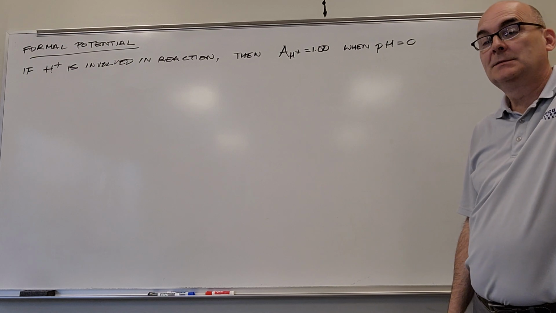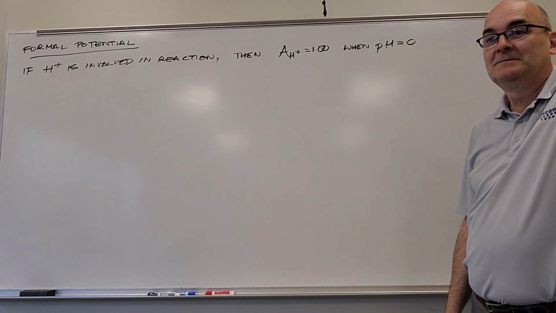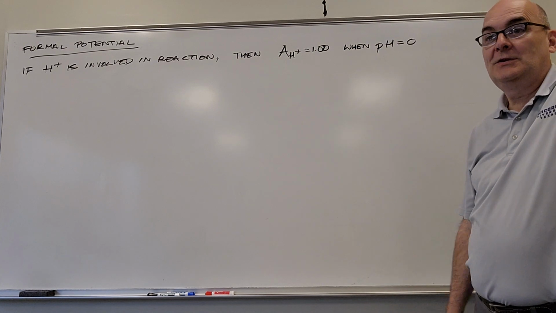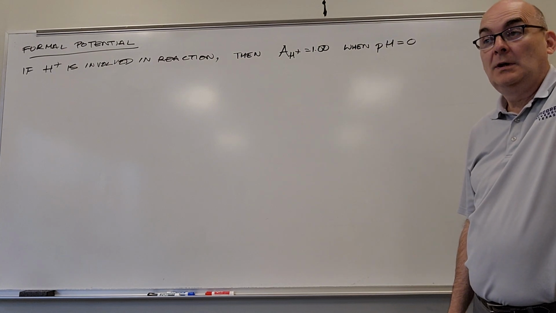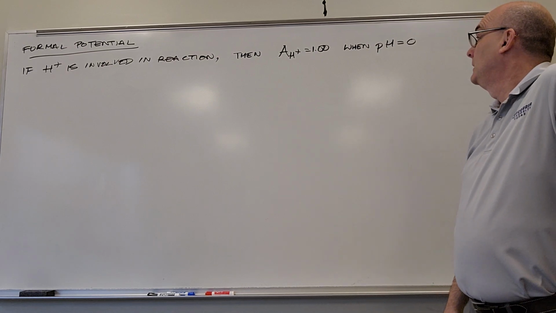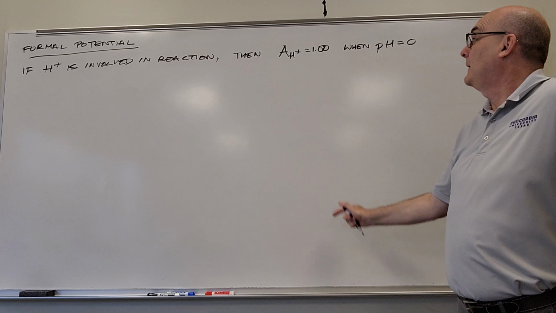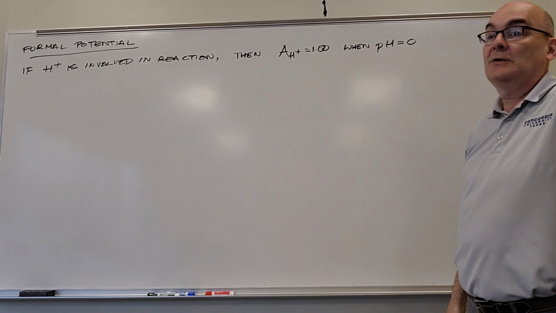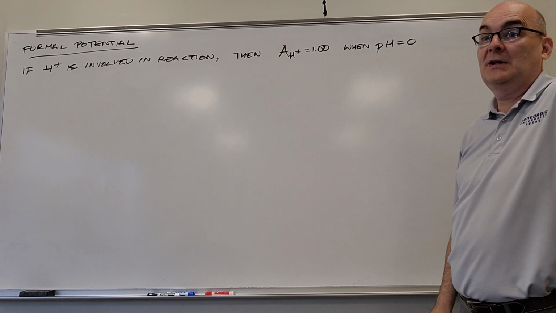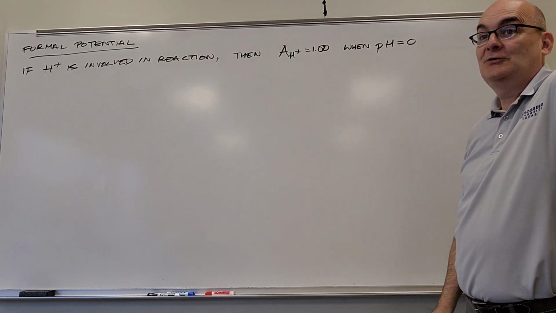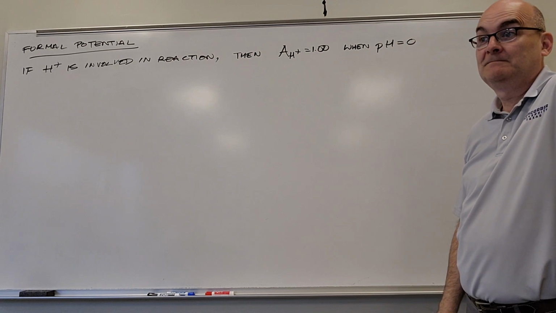Well, I understand that, but if it's involved in the reaction, if you've got an H plus in your equation, therefore it has to be accounted for. Then the activity of H plus is 1 when the concentration of H plus is sufficiently high to give you a pH of 0. So that's the highest pH you can get?